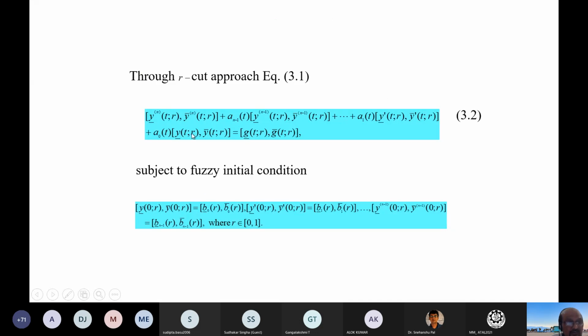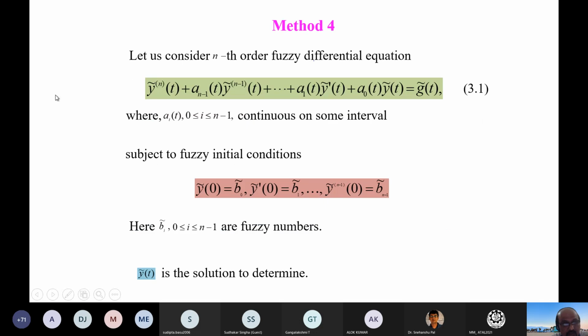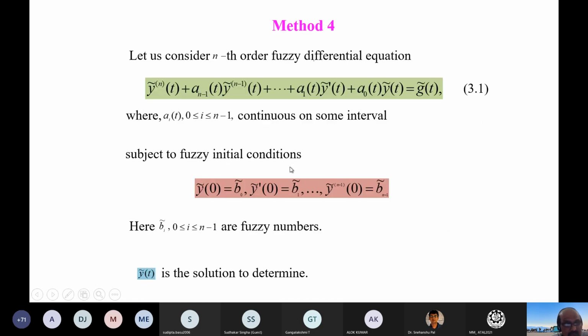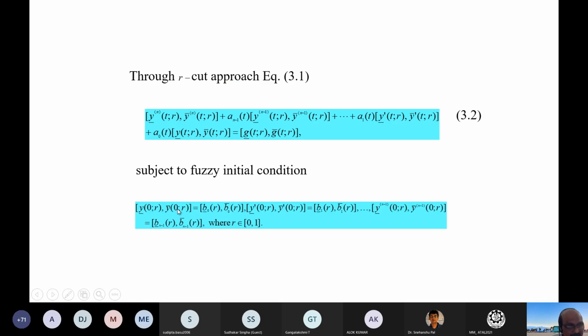So using the R-cut or alpha-cut approach, I can write this differential equation in terms of this interval. You see this R is there, subject to the fuzzy initial condition, because its initial condition is also uncertain, having tilde. So that also will be converted into R form.